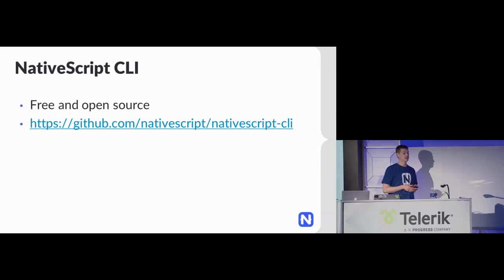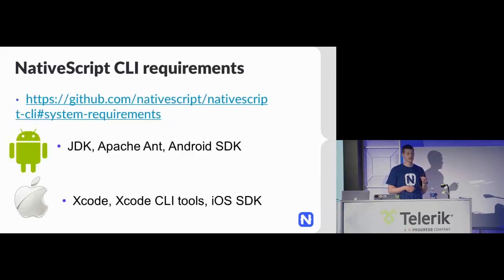Or you can also use NativeScript as part of the NativeScript CLI, which is the completely free and, like everything NativeScript, open source way of building NativeScript apps. The NativeScript CLI has some system requirements, so I'm going to show a quick demo of the NativeScript CLI in a moment. But to get the CLI to work, you have to have certain things installed on your machine in order to build apps.